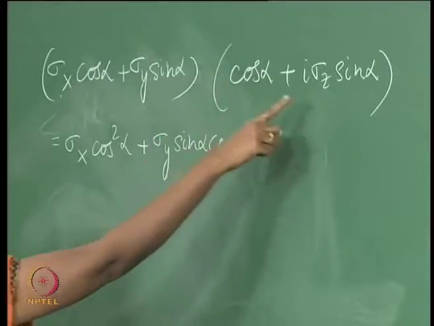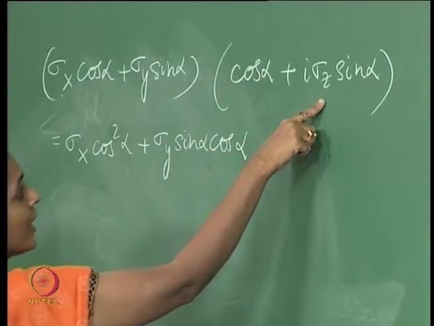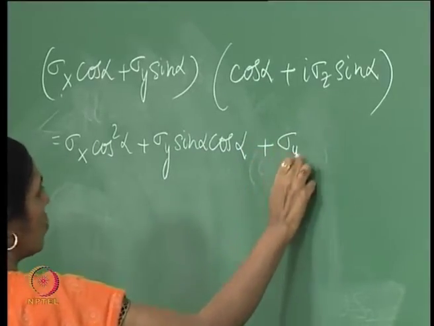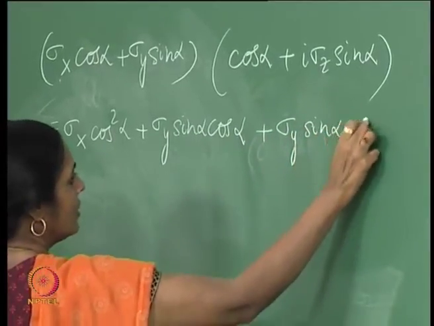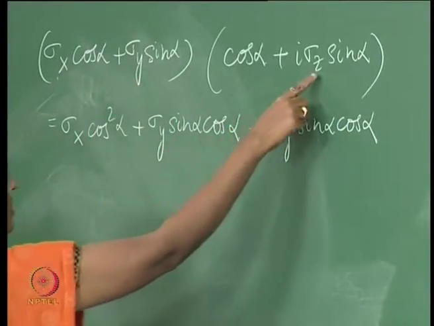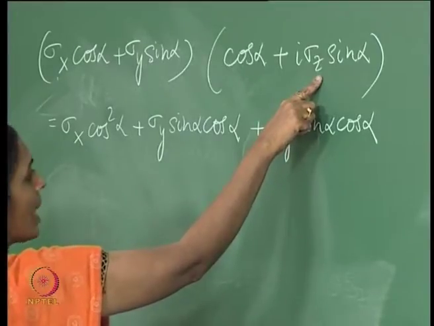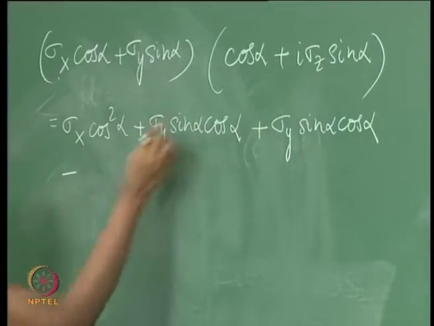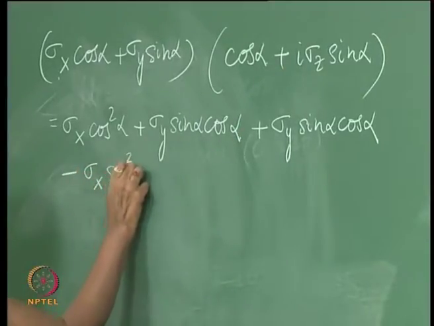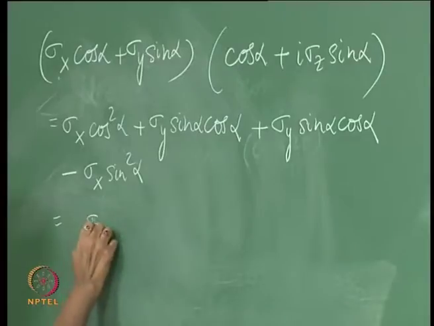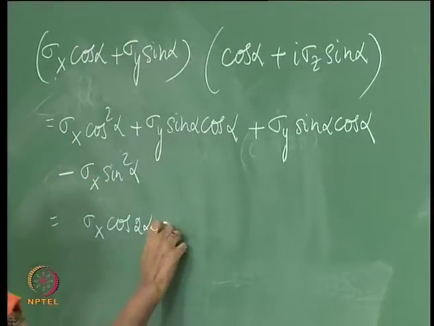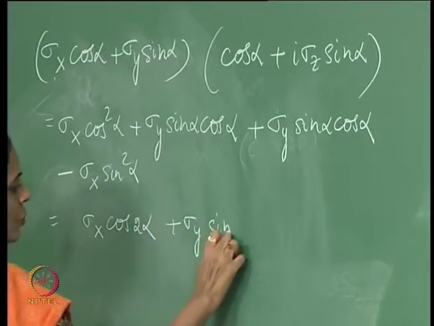I have a sigma x sigma z, and that is a minus I sigma y. So, that just gives me a sigma y sin alpha cos alpha, and then I have a sigma y sigma z, which is I sigma x, but that is an I out there. So, that is a minus sigma x. Which is simply sigma x cos 2 alpha plus sigma y sin 2 alpha.